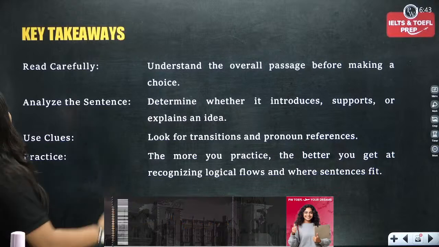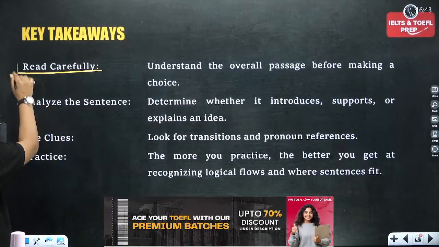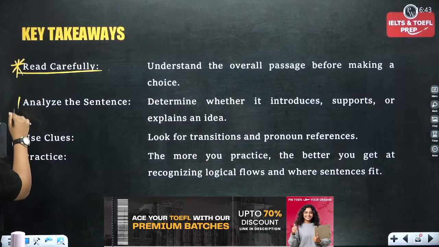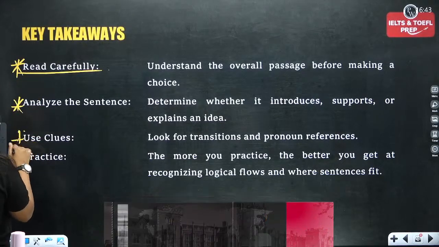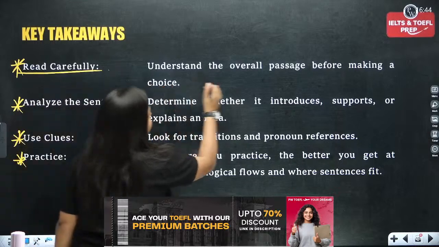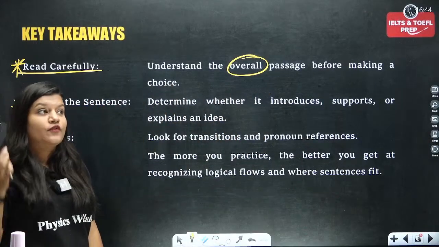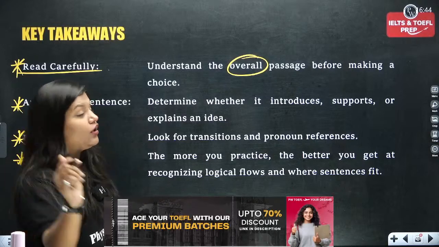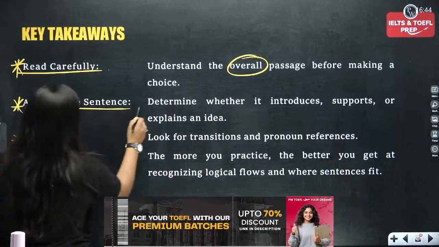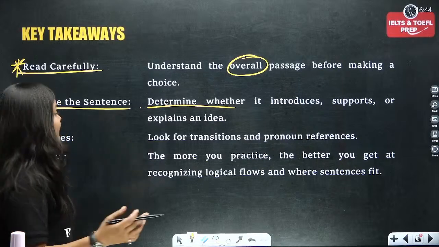Yes. Key takeaways. So there are certain pointers, or you can say a summary, that you can consider at the time of coming up with the response. First, read carefully. Understand the overall passage before making a choice. Understand the meaning of the passage as well as the meaning of the sentence. Analyze the sentence. Determine whether it introduces, supports, or explains the idea.